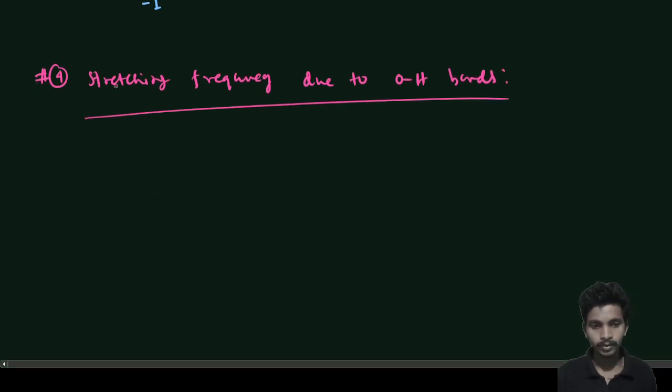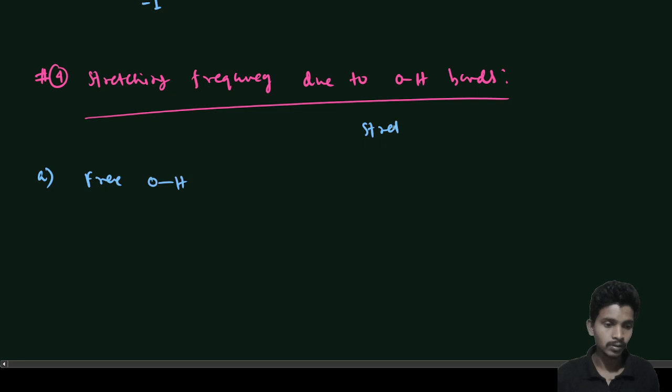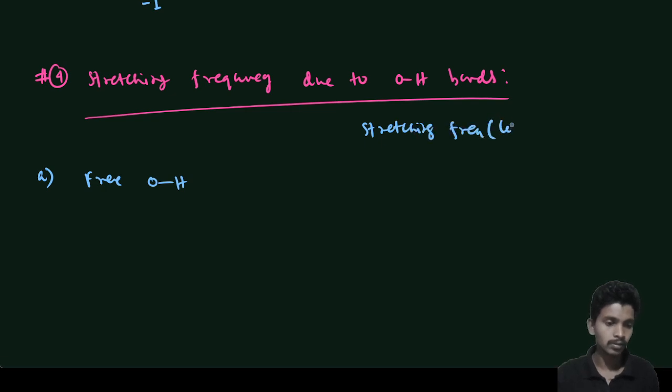You have discussed that its polar difference is high. Let's say free OH, where no hydrogen bonding is there. Here the polar difference is very high, that's why the stretching frequency is nearly about 3600 centimeter inverse.